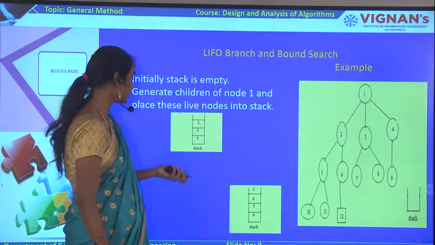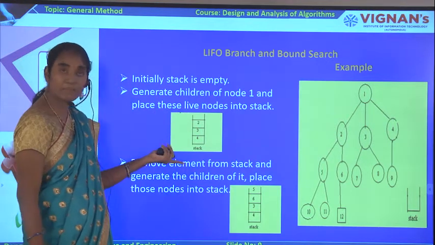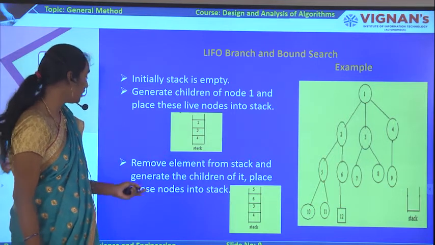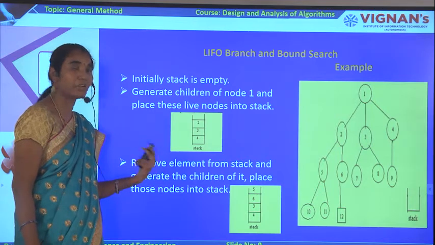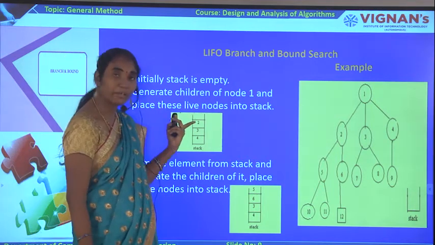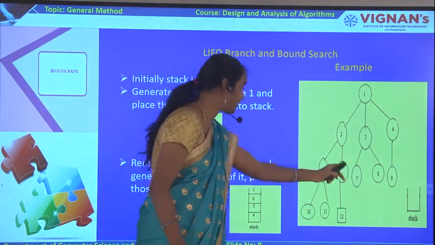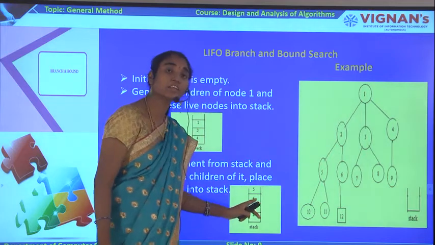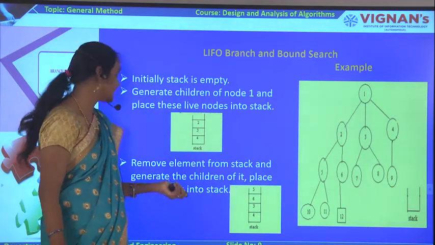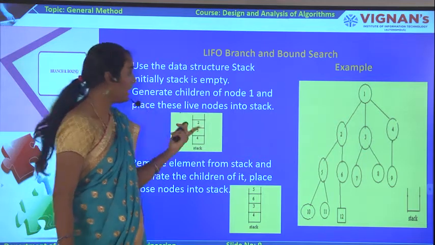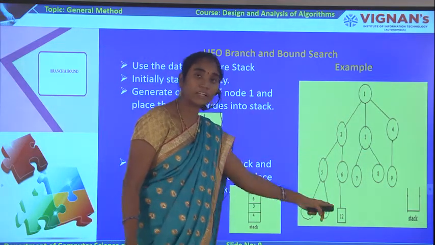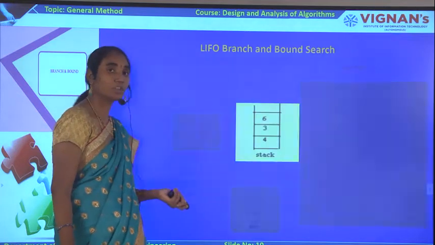Here remove the element from the top of the stack. Now generate its children and place those nodes into the stack like the queue operation. So 2 will be removed, and its children are 5 and 6, which are pushed into the stack. Now in the next step 5 gets popped, and the children of 5 are 10 and 11, which will be inserted into the stack.